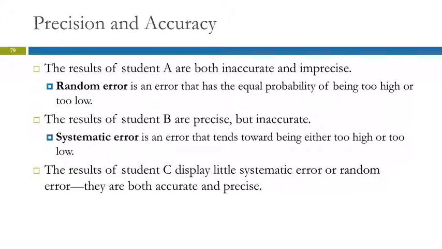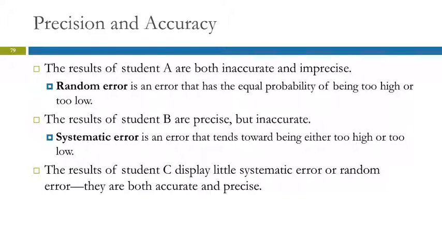So with random error, if you make the measurement over and over again and average the results, the random error should go away. And that's one of the reasons that we frequently make 4 measurements instead of just 1, because we can average them and reduce the amount of random error. So random error tends to cause imprecision.